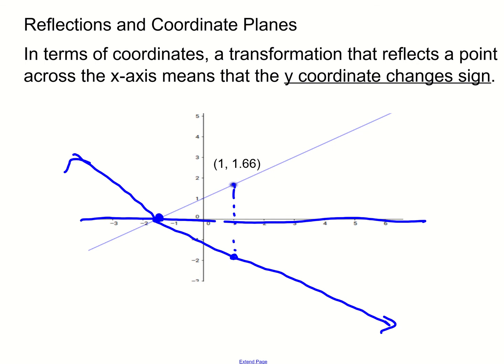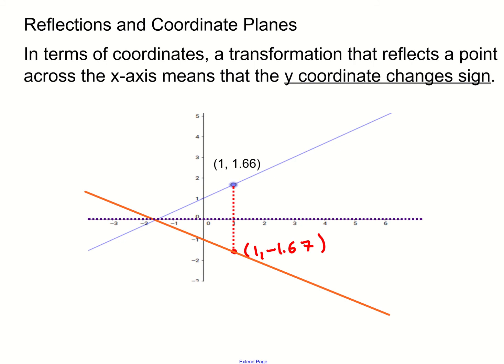Notice that the only thing that changes in the coordinate here is the y coordinate. The x coordinate is still +1, but the y coordinate changes to negative. And so you can use this as a general rule. If you reflect about the x-axis, only the y value changes sign. And so that's my new line. This should say 1.67, not 1.66.